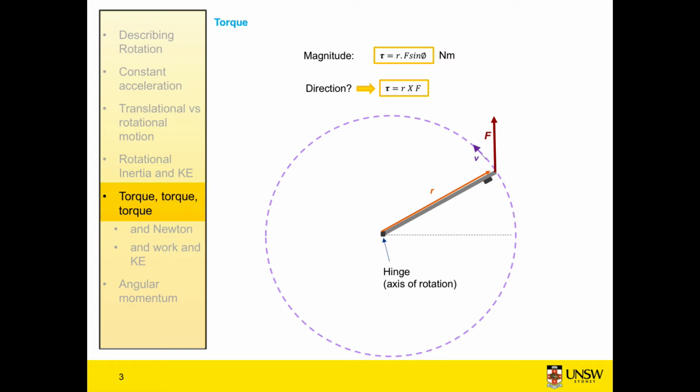So our torque is equal to R cross F. And that means we can use the right-hand rule that we use for the cross product to find the direction of our torque. In this case, we point the fingers of our right hand in the direction of R and we curl them towards the direction of F. And the direction our thumb is pointing is the direction of our torque. So in this example, our torque has a direction out of the page towards us.